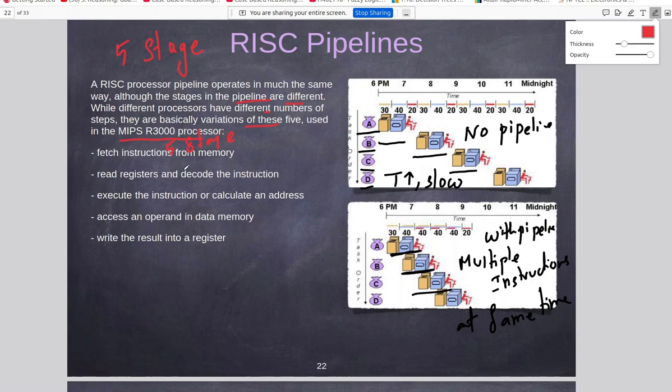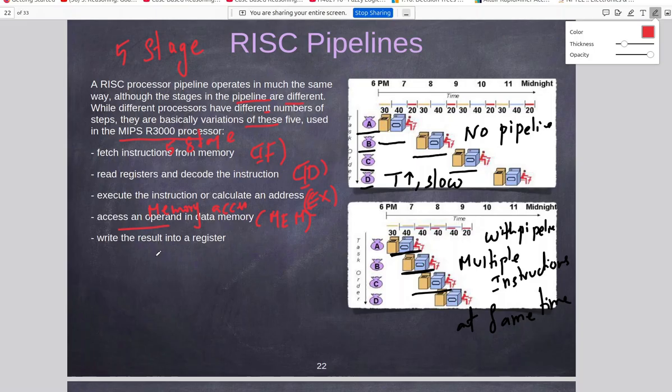So what are the stages? First is fetching, which fetches the instruction from memory. Then it will decode, that is, read the registers and decode. Sometimes instead of F we can represent it as IF, instruction fetch. Next is instruction decode. Next is execute, that is, execute the instruction or calculate the address. Next is memory access, called MEM.